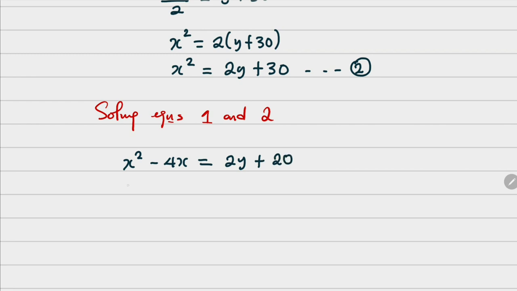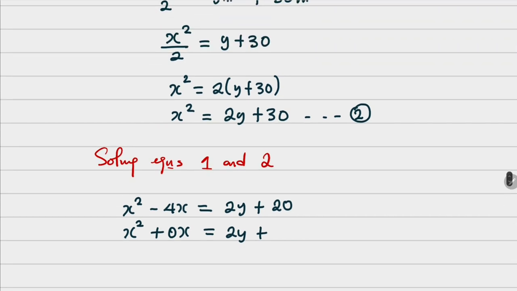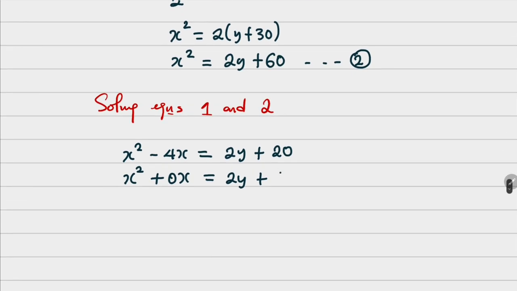Then I can rearrange this so that I can have equation 2 as x squared. If I wish, I can put plus 0x just to make it look nice. Then equals 2y plus, let me check. I think this should be 60. All right. So I hope I'm not making mistakes. Good. I've seen this. Now this is going to be 60. This is what I have.